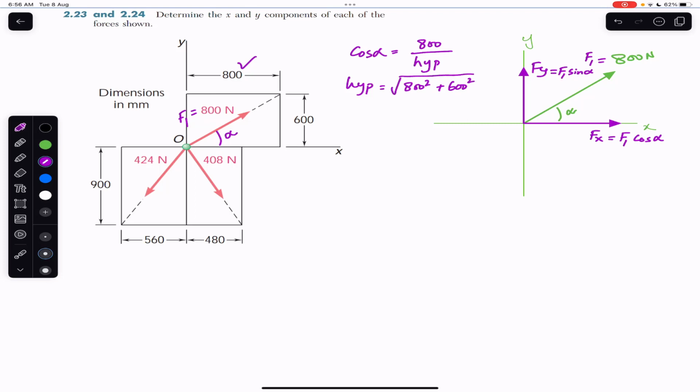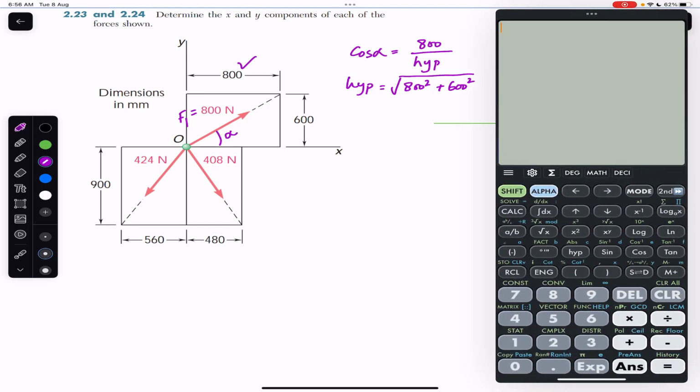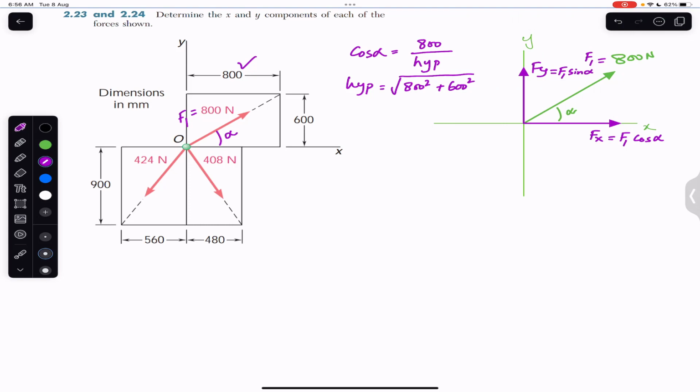So that is 800 square plus 600 square, which is 1000. So the hypotenuse is 1000 millimeter, since the dimensions are given in millimeter. From this point O to this point, this length is 1000 mm.